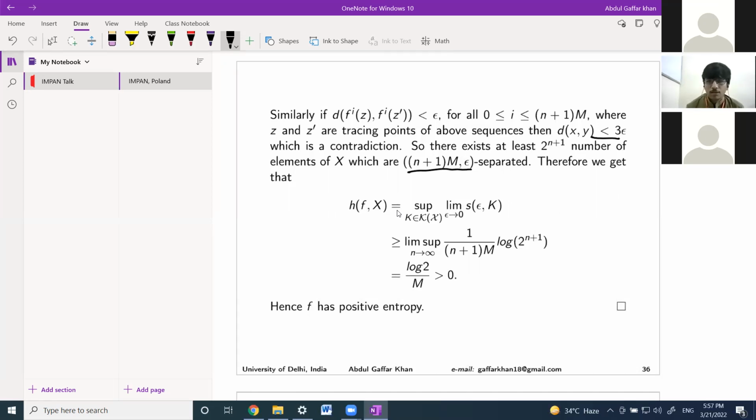Simply applying the definition of entropy, the quantity will be at least 1 upon (n plus 1)m times log 2 to the power n plus 1, because we have at least 2 to the power n plus 1 epsilon-separated points, which is log 2 by m, which is greater than 0. Hence f has positive entropy.